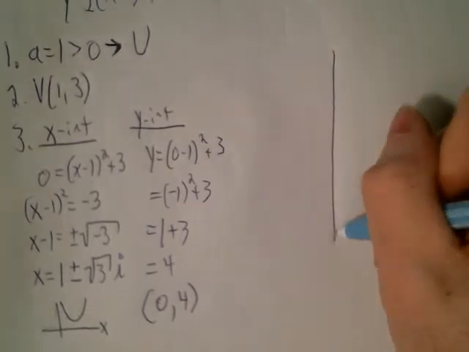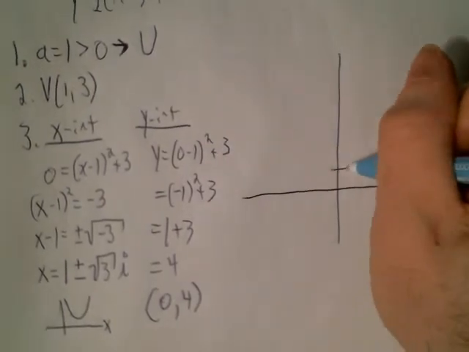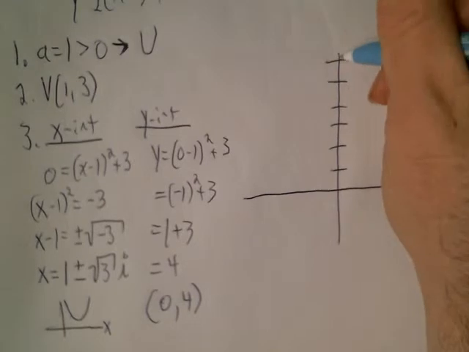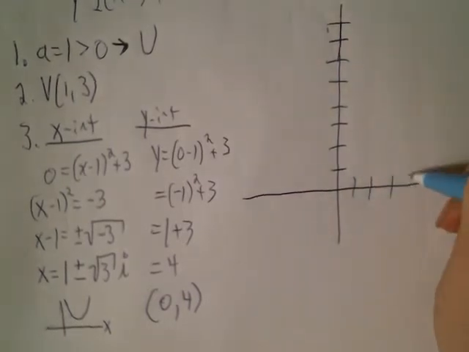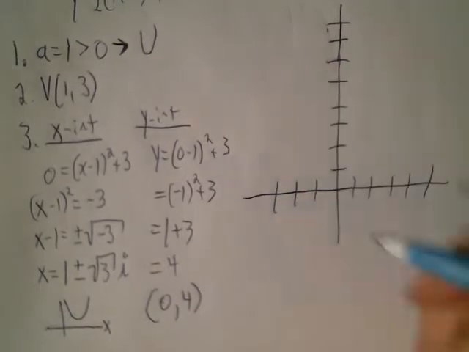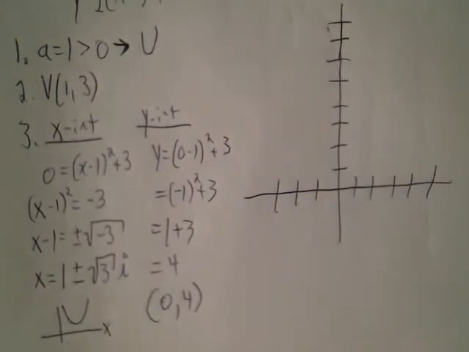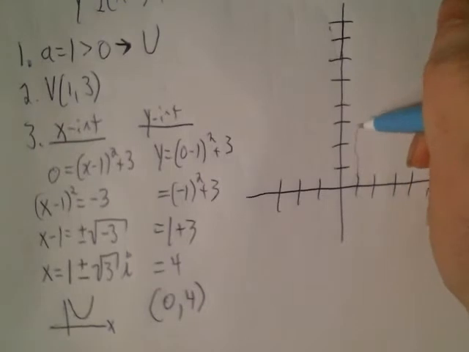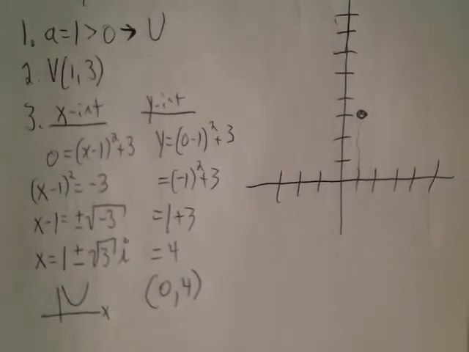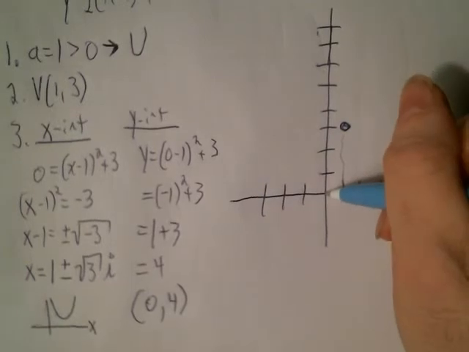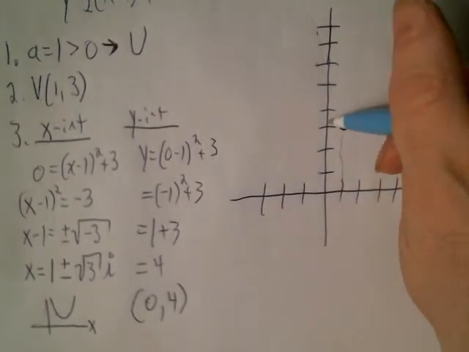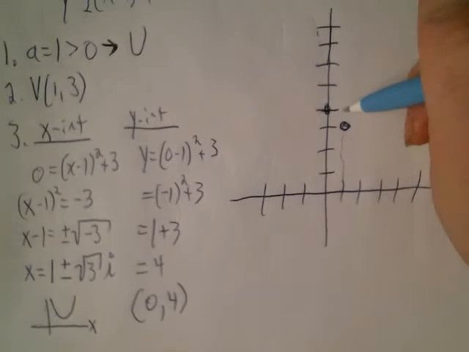So then I go ahead and plot it. So the vertex is 1, 3. Whoops. The y-intercept is 0, don't move, and then go up 4, 1, 2, 3, 4. I know it's a happy face.